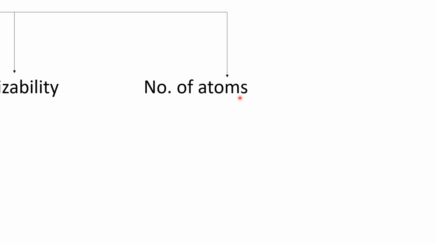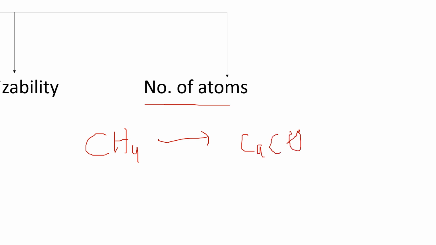Okay, now let's have a look at the last factor, number of atoms. Now you get all these. I don't think we need to go into it at a high level. Why? Because basically if the number of atoms in a molecule is larger, just suppose that we have CH4, methane, and then we have another, CaCO3.